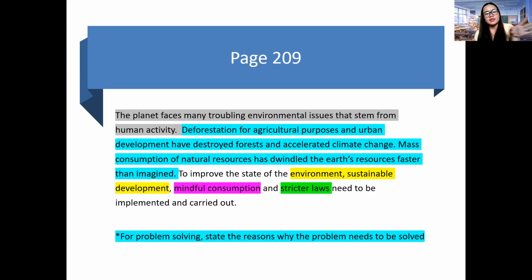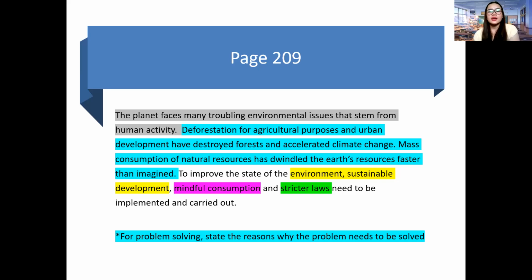The one highlighted in blue gives the reasons why we should solve this problem: climate change, natural resources dwindling faster than imagined, and so on. So for a problem-solving essay, you have to include the reasons why we need to solve it.